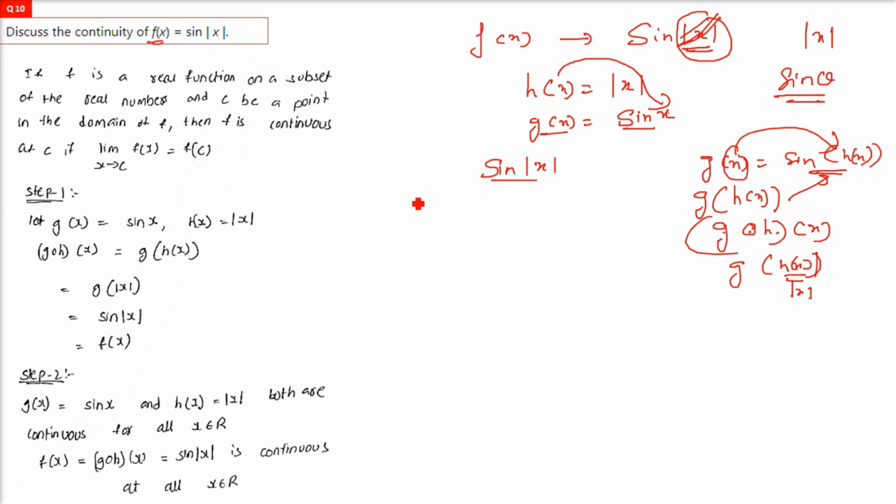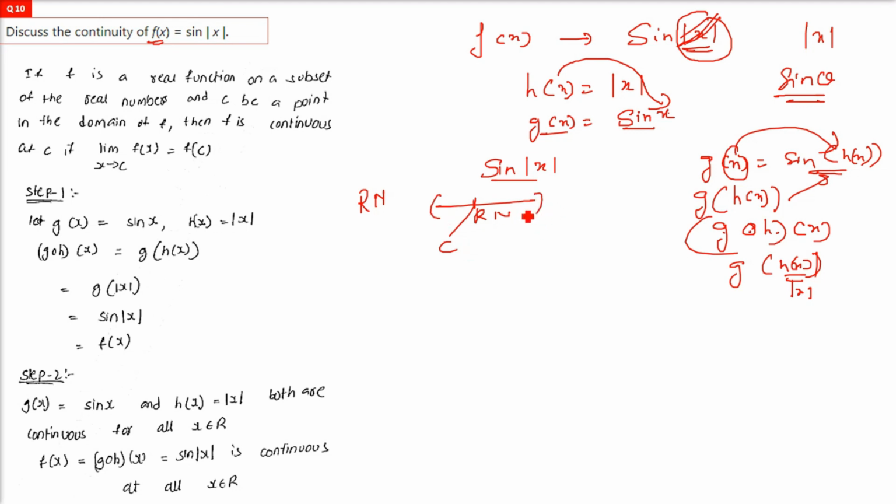So now we know the continuity: for a gof or a fog, for two functions, if they are continuous, then the fog and gof functions will also be continuous. That is, the real number is the domain.